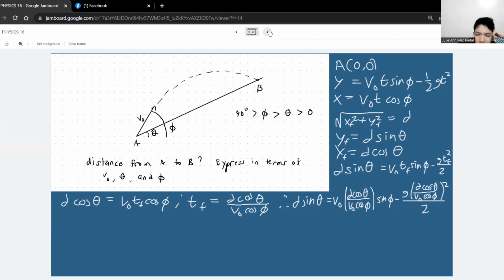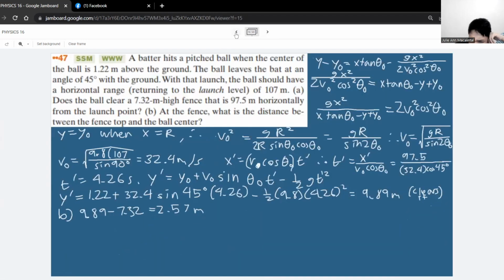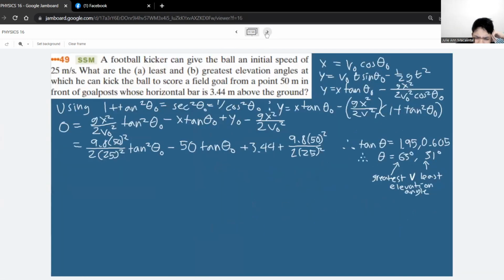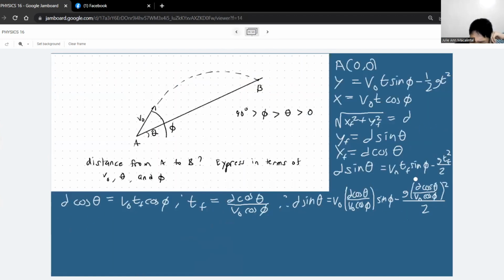Wait. Cos theta tan, cos theta tan, cos squared? Yes, cos squared over 2v0 cos, squared, here? Squared also.